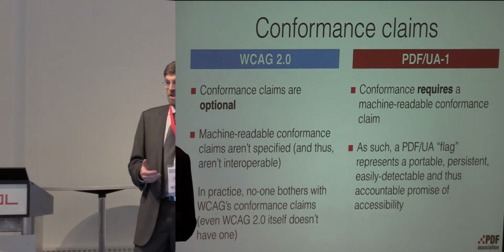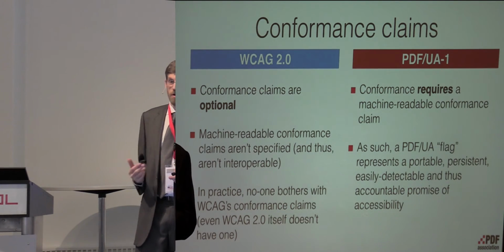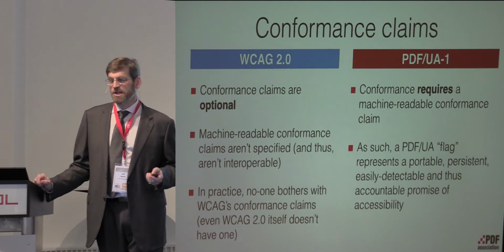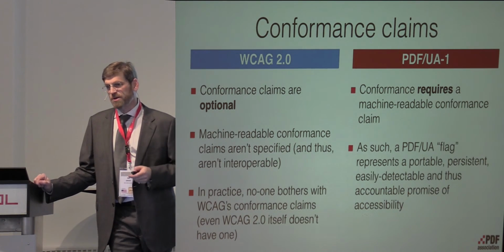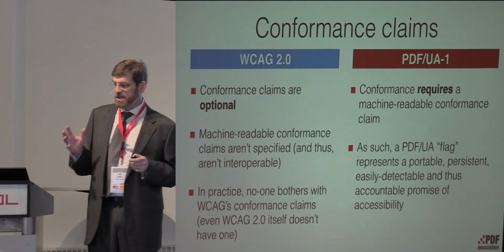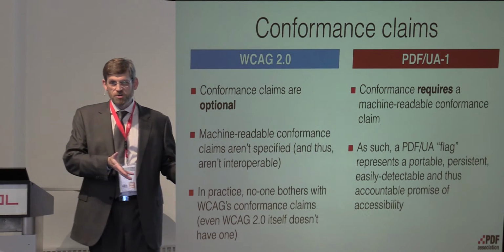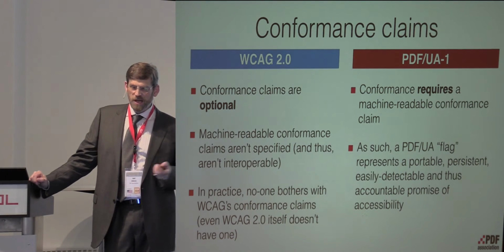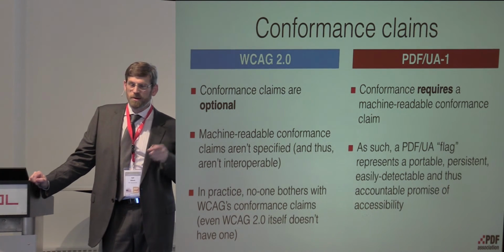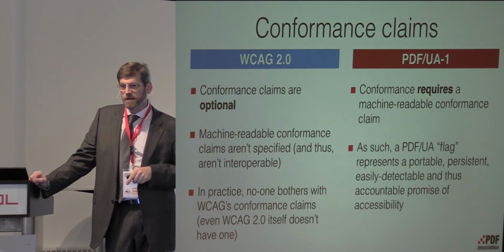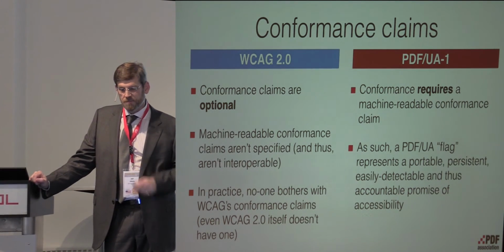And of course, it makes it possible to hold that author, that software producer, and so on to account if you discover that the file in fact is not accessible for some reason, and that accessibility problem is related to the PDF/UA specifications. You now have a way to say, well, this file claims it, but it's not true, and so therefore a conversation can begin about it. The PDF/UA flag is a promise by the software developer that produced the PDF file, by the author of that PDF file, that this file is accessible.